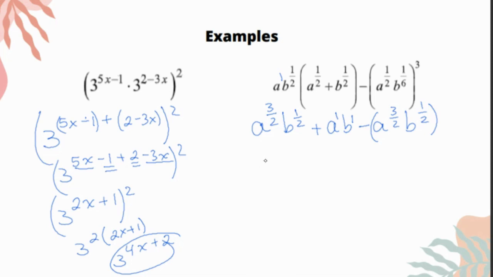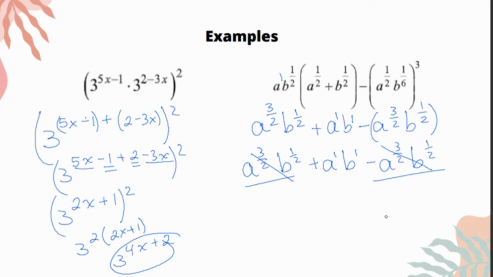So all of this becomes negative, and we get a to the 3 over 2, b to the 1/2, plus a to the power of 1, b to the power of 1, subtract a to the 3 over 2, b to the 1/2. Now this and this are exact opposites. They are gone, we reduce them. And then the only expression that's left is a to the 1, b to the 1. And since these are exponents of 1, we never even write them, we just keep it as ab, and that's the final simplified expression.